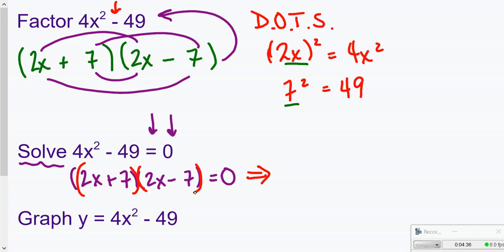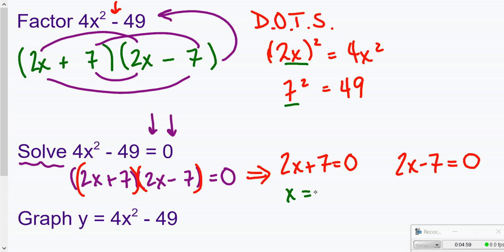If I have a product that equals 0, the power of 0 is that you can set each factor equal to 0. This would not be true if that 0 was a 7 or a 14 or a 39 or a -5. None of these other numbers have the property that 0 does. So the 0 is really important, and we can set each of these equal to 0 and solve each part.